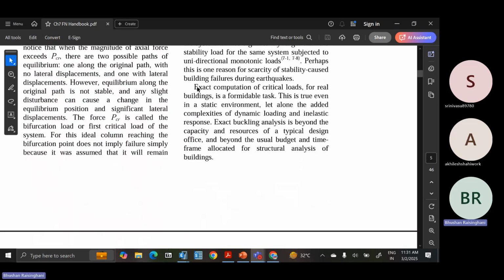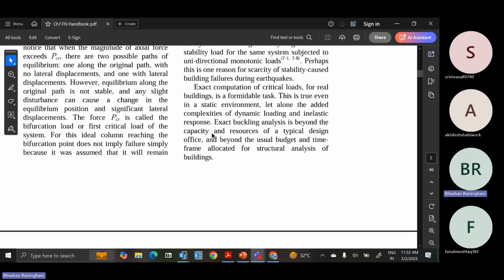So this is important, that exact computation of the critical loads, that is the axial load, for real buildings is a formidable task. This is true even in a static environment, let alone the dynamic loading and the inelastic response. Exact buckling analysis is beyond the capacity and resources of a typical design office and beyond the usual budget and time frame allocated for structural analysis of buildings.